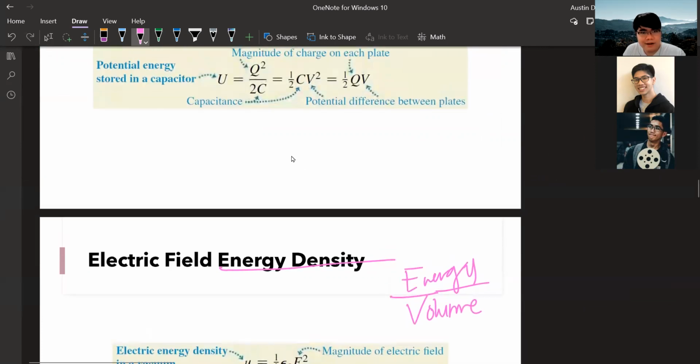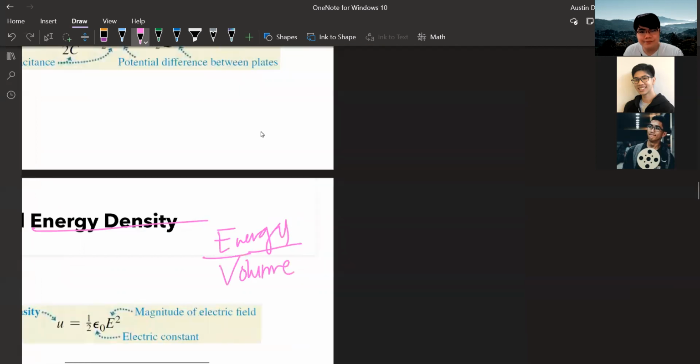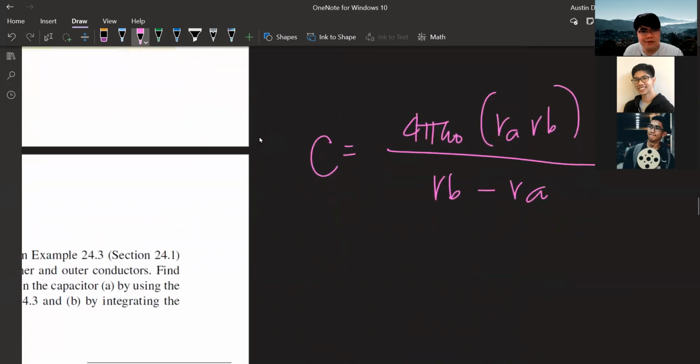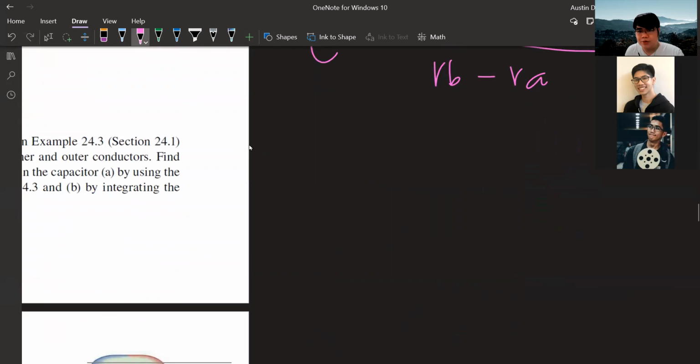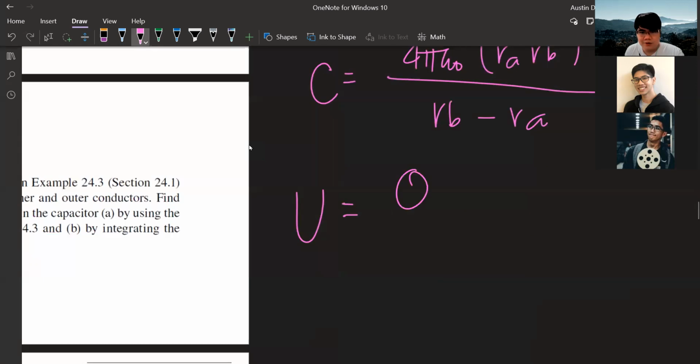And gagamitin ko na lang to, no? Yung Q squared over 2C. Kasi alam naman natin na yung charge doon is Q. Okay, so U is Q squared over 2C.